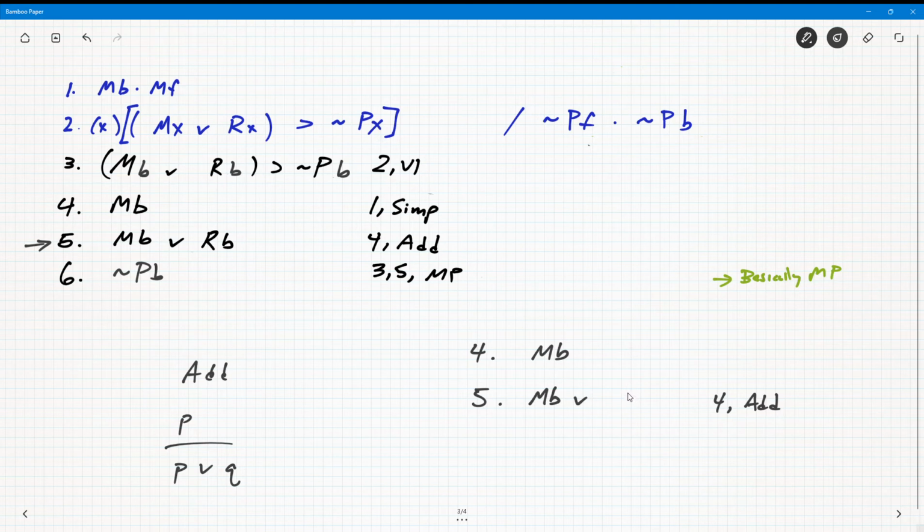And here, of course, what disjunct we add from a strategic point of view is determined by what's in the rest of our proof. That is to say, for example, Bobo is a mammal, or, I don't know, Alfie is a reptile. This sentence is a legal use of add, because by add we are permitted to add in any disjunction whatsoever.